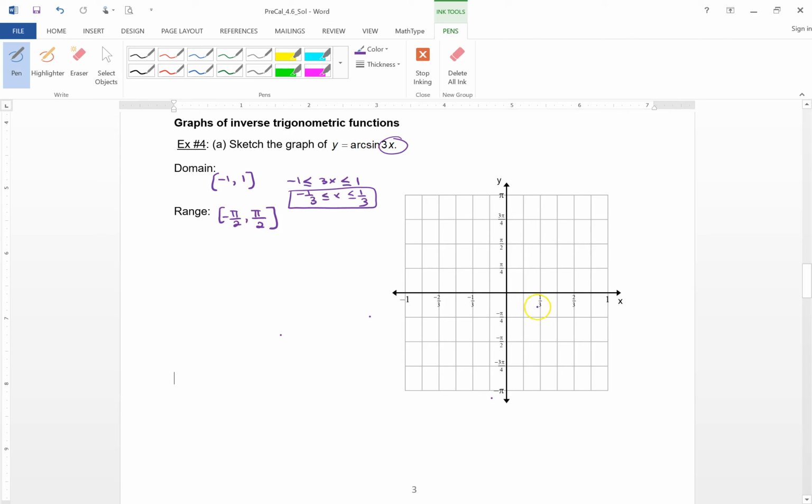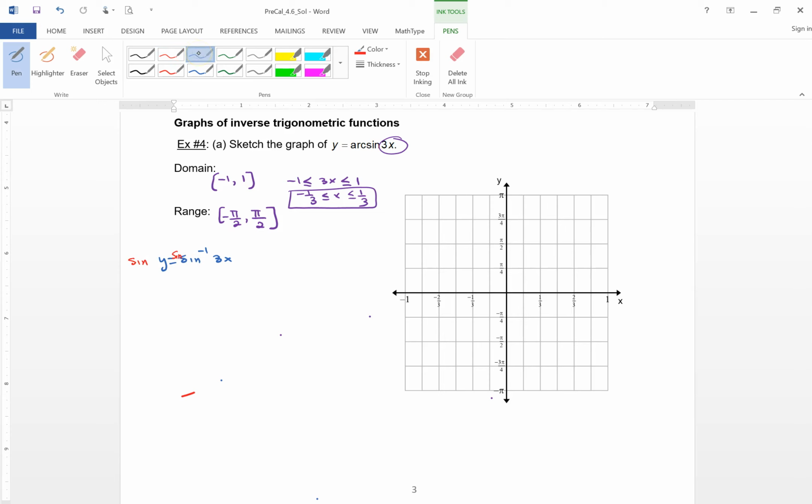Okay? Now, here's the best way that I found to do this. This is y equals arc sine of 3x. You could also write it as inverse sine of 3x. I'm just writing it in different notation. I haven't changed a thing. Now, what I'm going to do is take the sine of both sides. Why? Because I can do that.